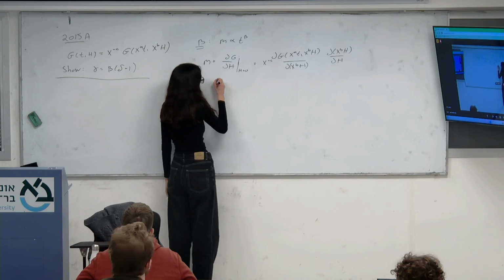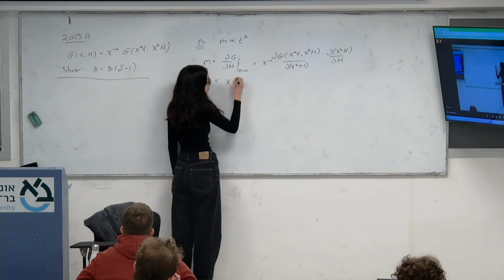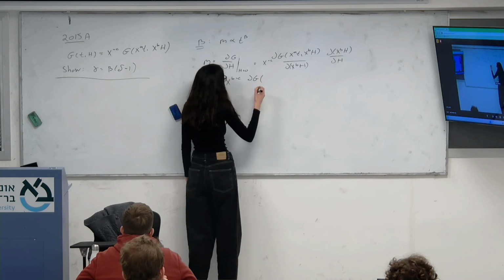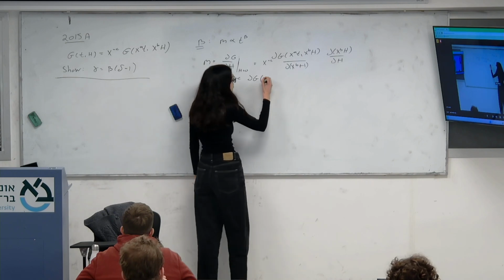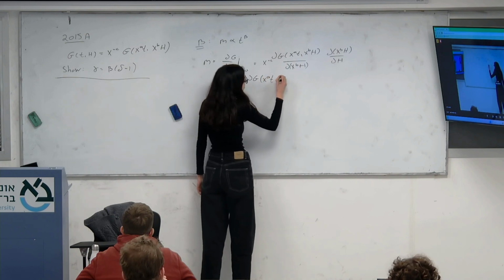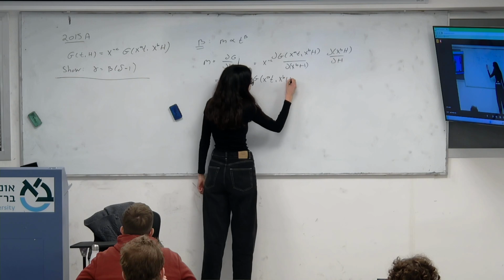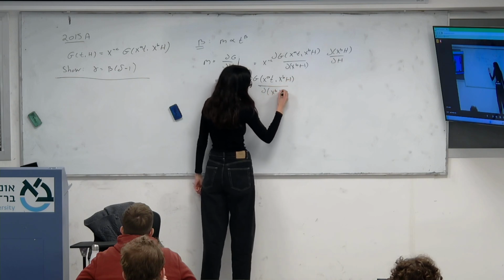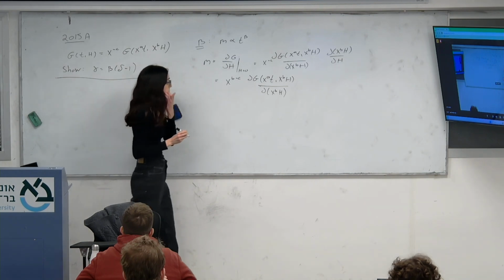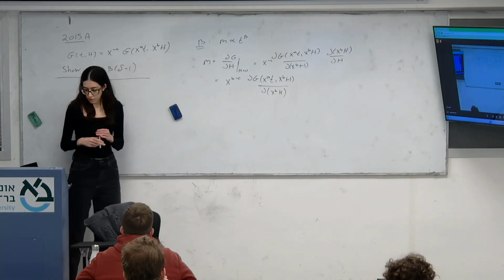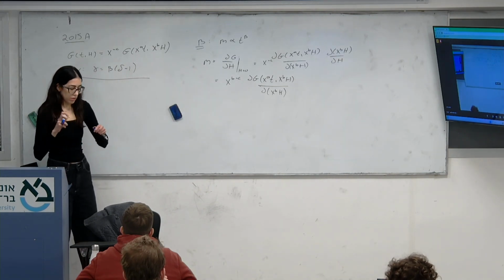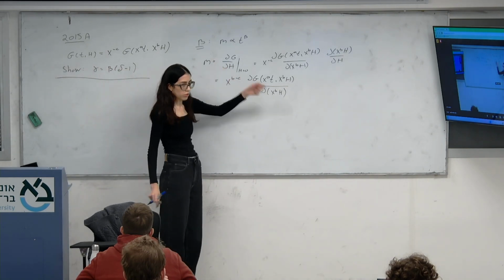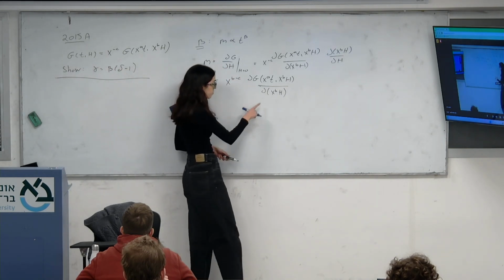So this is going to give us x^(b-c). This doesn't look very useful because we just wrote it as a function of different parameters.